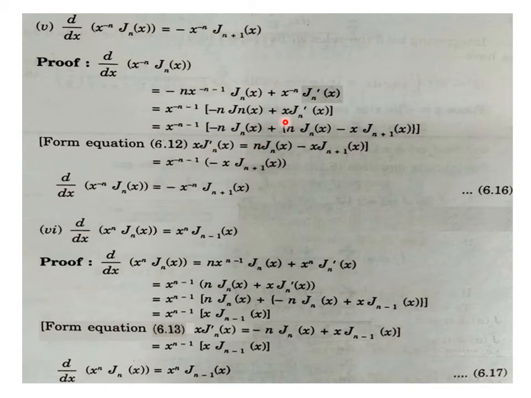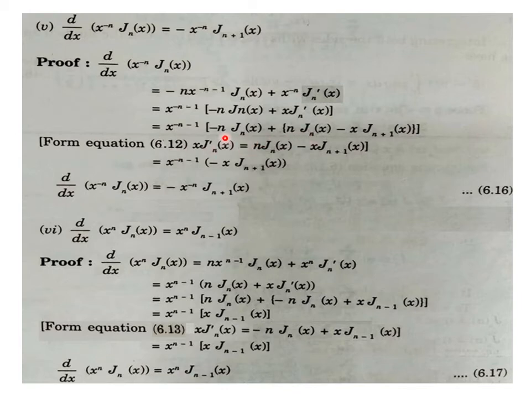So in place of x Jn dash (x), using the first recurrence relation, equation 6.12, n Jn(x) minus x Jn plus 1 (x) is written there. And why did we apply the first recurrence relation?